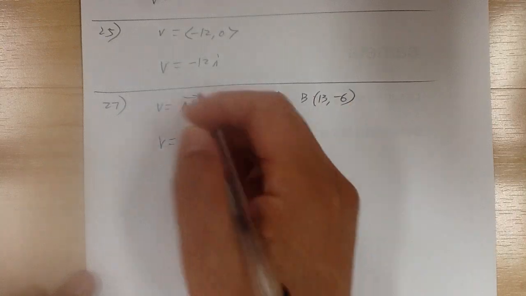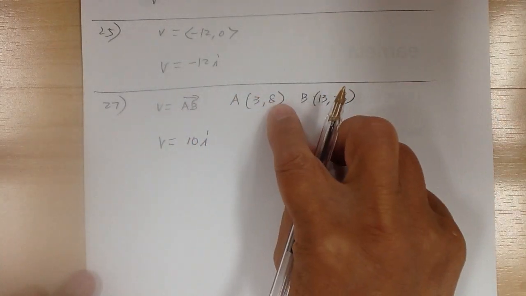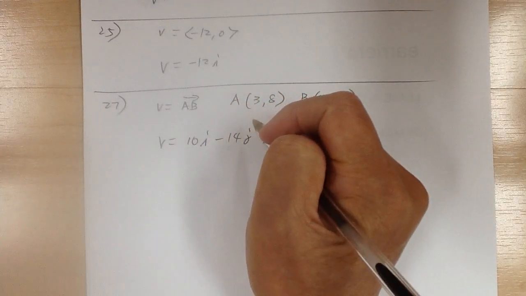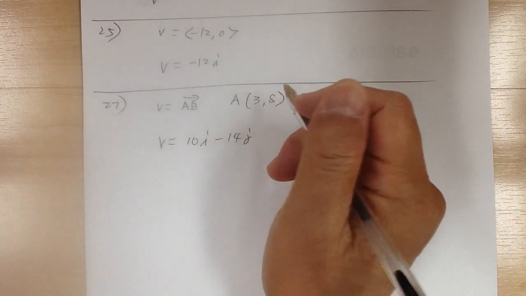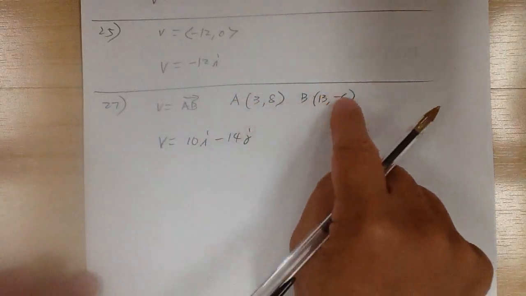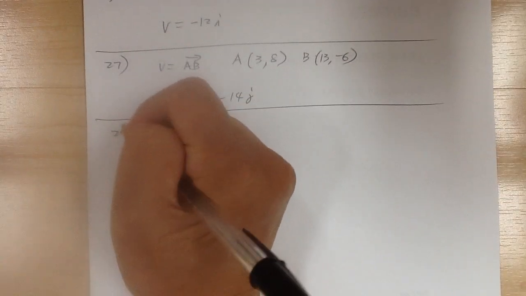So 13 minus 3 gives you 10, and that's the i. Negative 6 minus 8 gives you minus 14, and that's the j. And that's it. Again, these are points, and to get a vector, you just subtract.